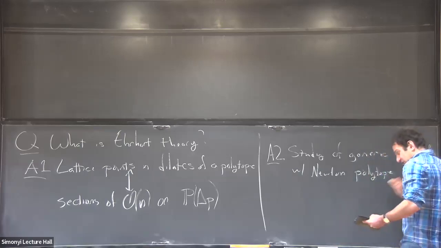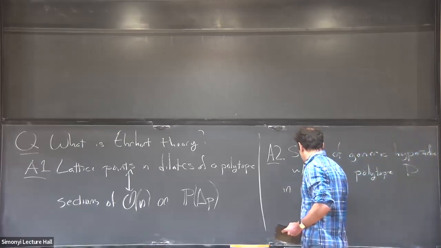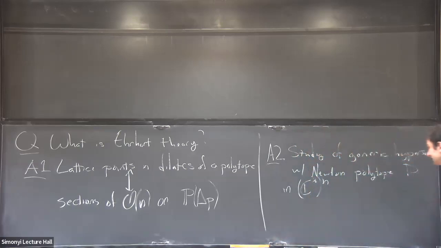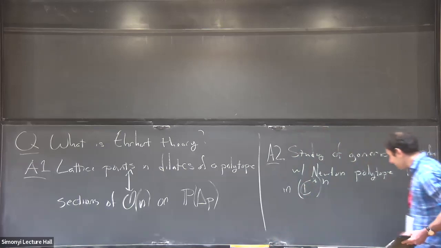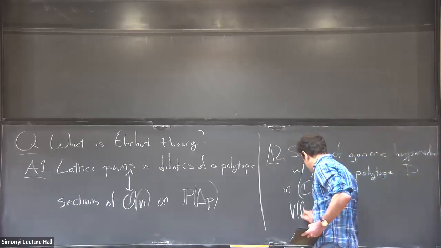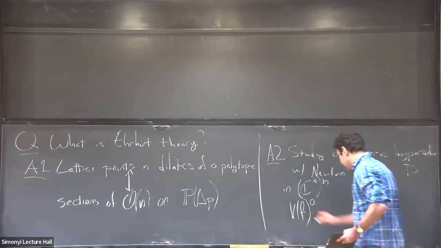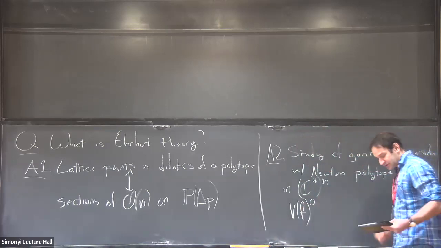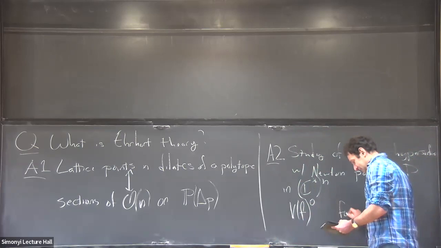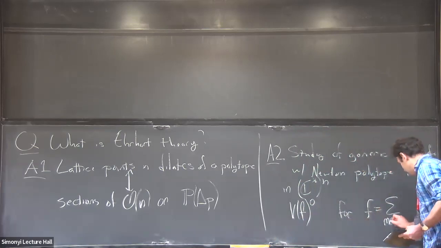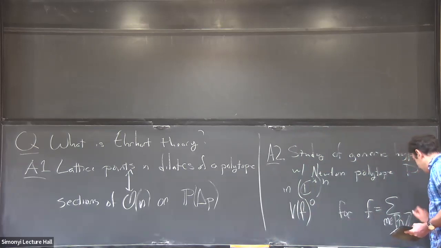These are hypersurfaces in an algebraic torus, so they're open things. I'm going to call such a thing V_F, the variety cut out by the polynomial F, and a little circle to denote the open piece. Summing the coefficients, the exponents are indexed by lattice points of the polytope.